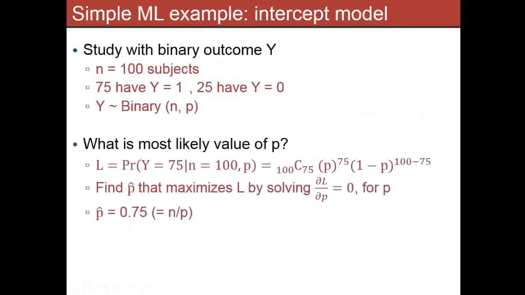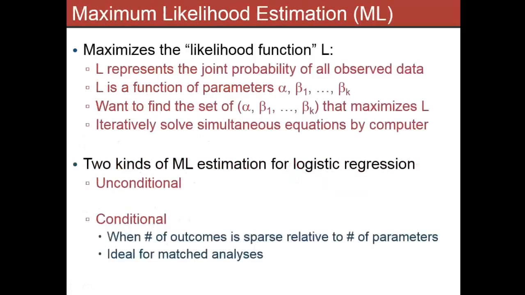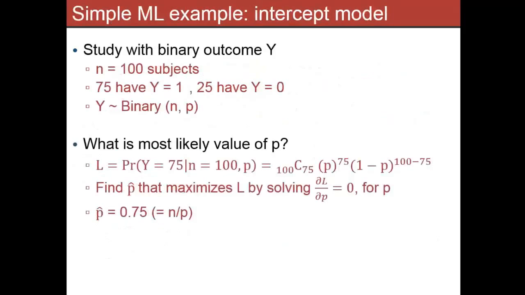So what do we mean by maximizing the likelihood? What does that mean? Let's take the simplest binary data scenario. Let's take a study that has 100 subjects, and the disease happens to 75 of them, and 25 of them don't get the disease. This is a really simple study.